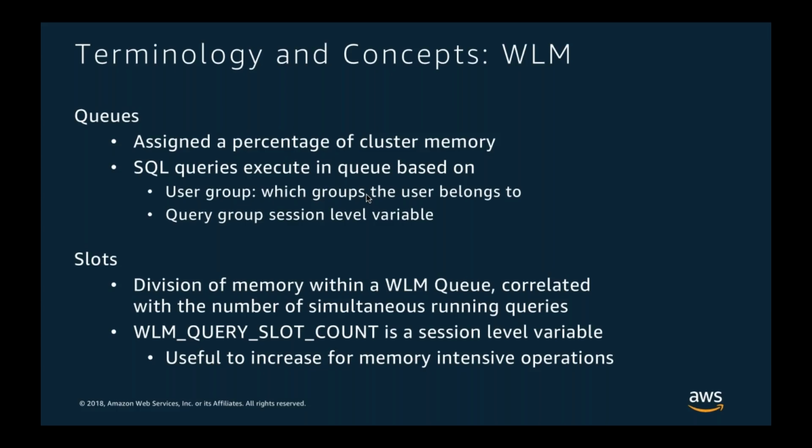If I have, let's say, 100% memory available in the cluster, you could say 50% goes here, 30 goes here, and 20 goes here for different types of queues. And then when your user submits the query, you can route the queries to a particular queue based on user groups or query groups that you can define, right?